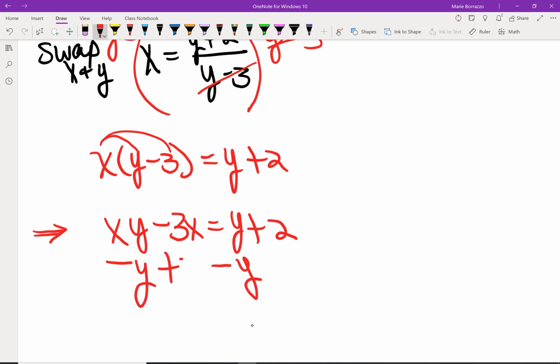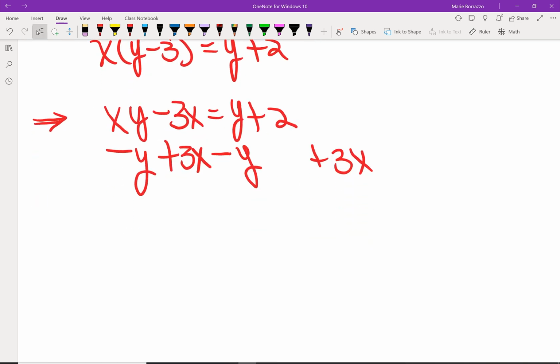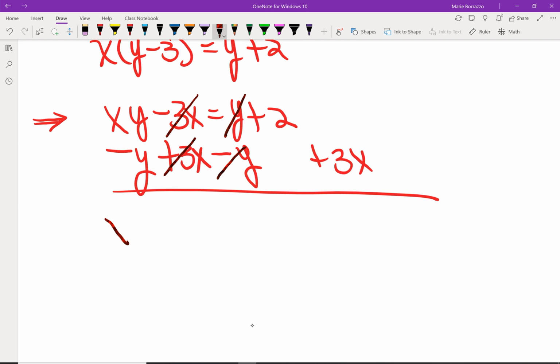And I'm going to add this 3x and move it over here. So the y cancels, the 3x cancels, and you're left with xy minus y is equal to 3x plus 2.